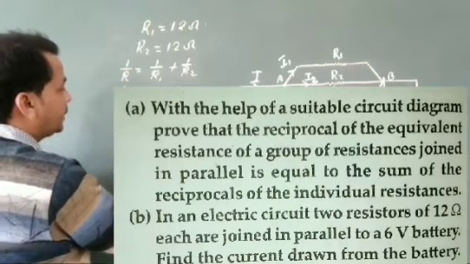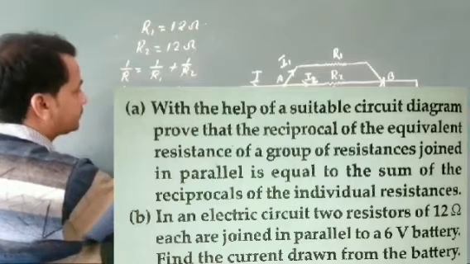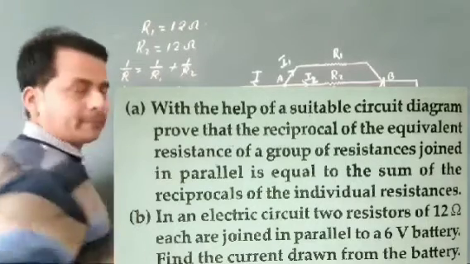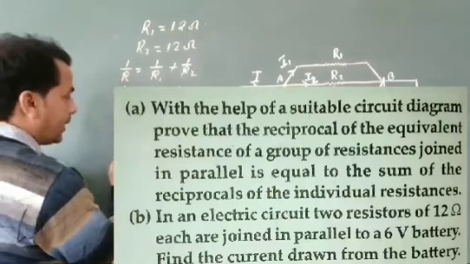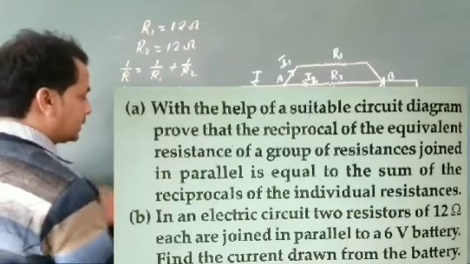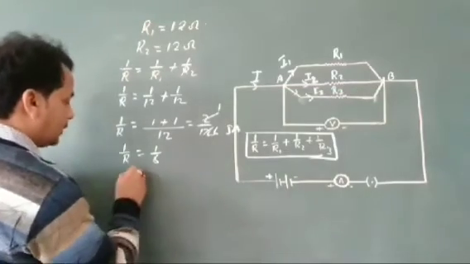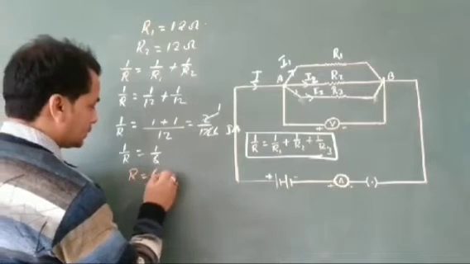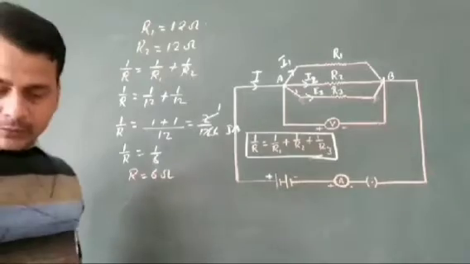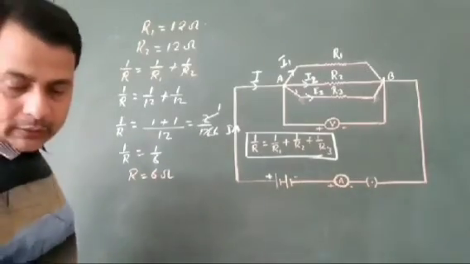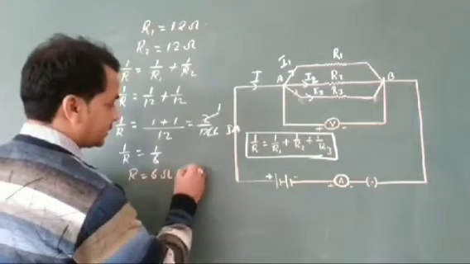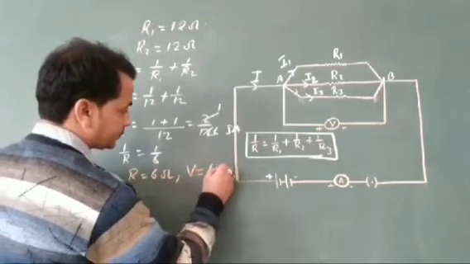So 1 by R equal to (1 plus 1) by 12, that is 2 by 12. Then 1 by R equal to 1 by 6, and R equal to 6 ohm.